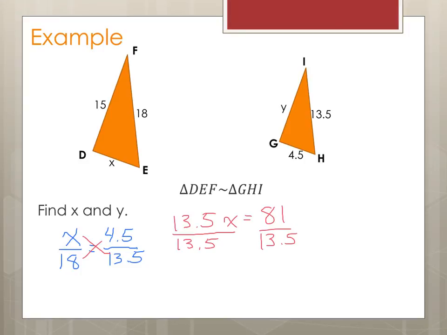And when we do that, we get x equals 6. Okay, so we can say that this side over here is 6. Make sure you copy this down. I'm going to erase this now, so we have room down here at the bottom to solve for y. So I'm going to go ahead and erase all this now.